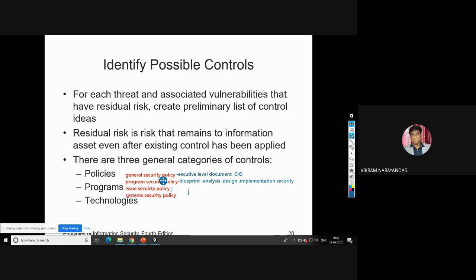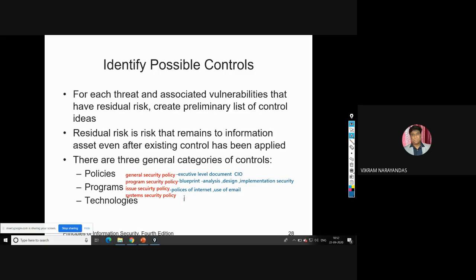For example, we can take policies of the internet, such as the use of email. Issue specific policies give restrictions for security issues.